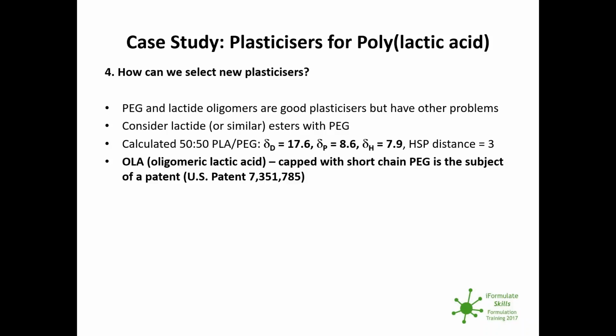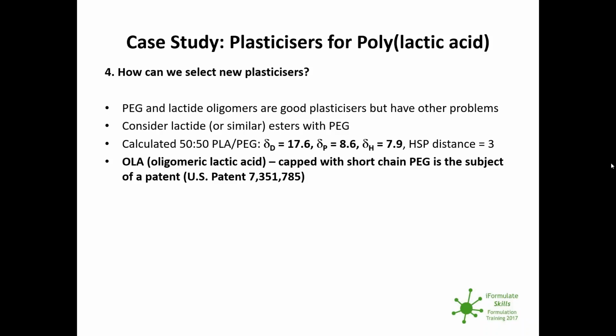Well, we've seen that PEG and lactide oligomers are potentially of interest in terms of their match in HSP terms, but they've got other problems. So what about considering an ester of a lactide or a similar molecule with PEG? In fact, if you calculate what a 50-50 ester of PLA with PEG should be, you get DD values of 17.6, DP 8.6, DH 7.9, which has a very low HSP distance from polylactic acid, so it's a very close match.